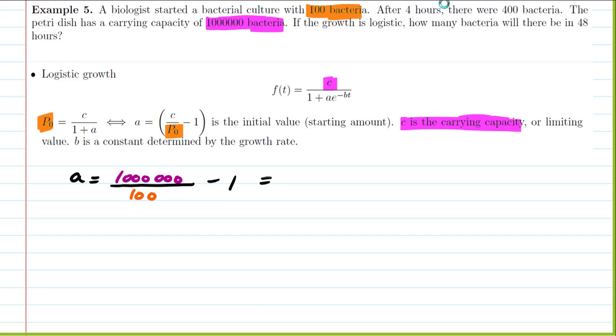So 1,000,000 divided by 100 is going to leave us with a 1 with 4 zeros, so that's 10,000, take away 1, so we get 9,999 for our value of A.